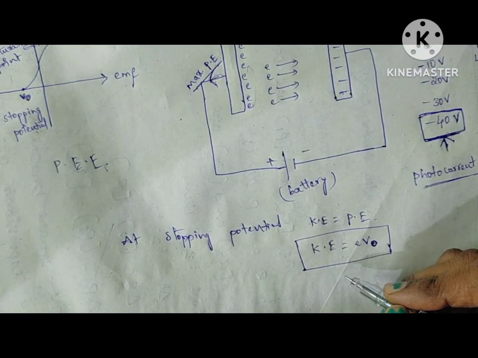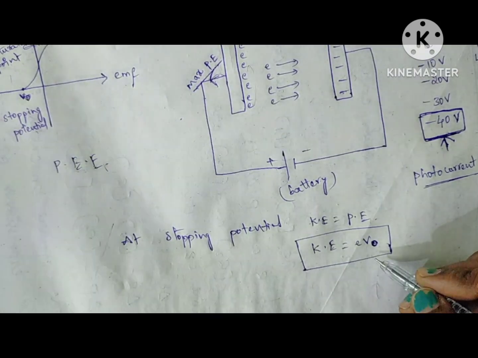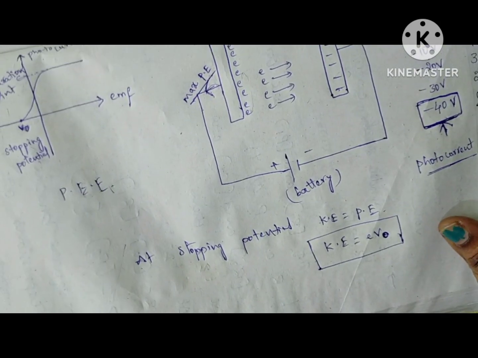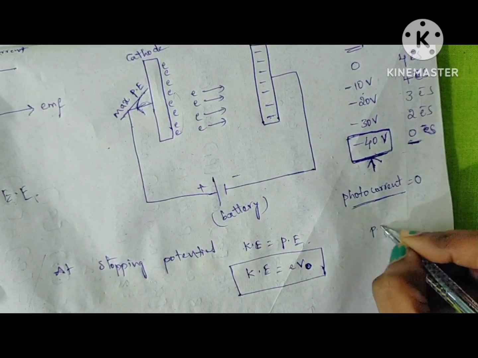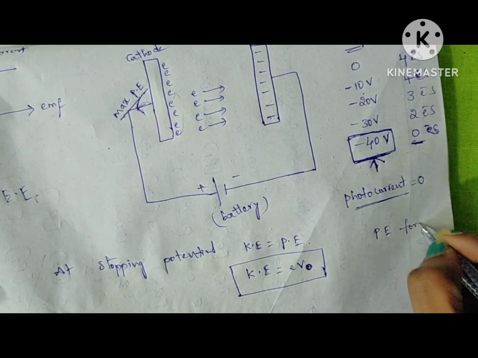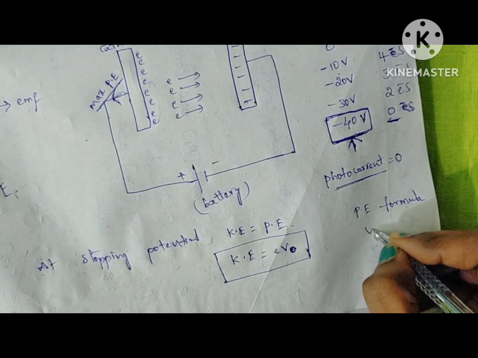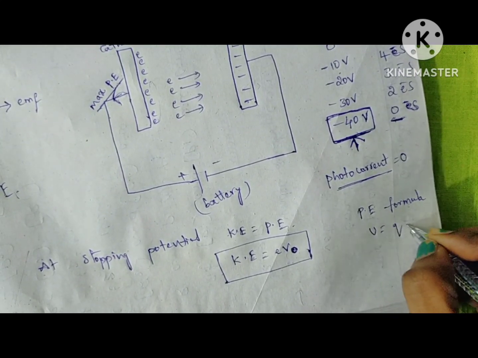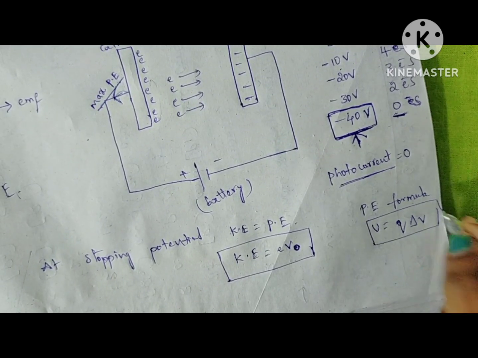So kinetic energy is nothing but equal to stopping potential. We already know the potential energy formula. What is the potential energy formula? I will give you here. Potential energy formula is U equals Q delta V. We already know this formula.